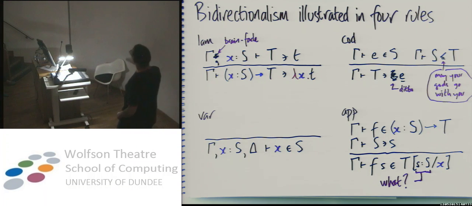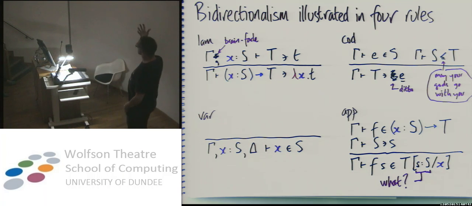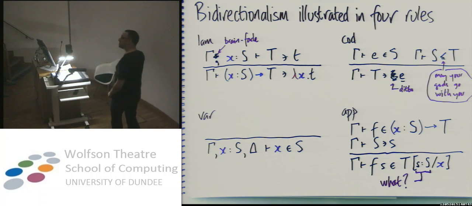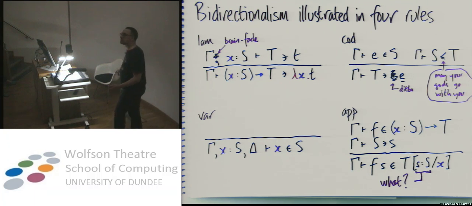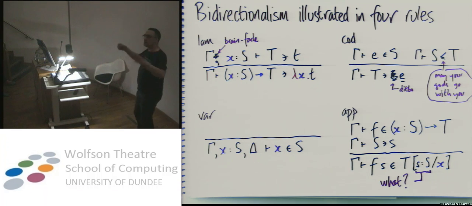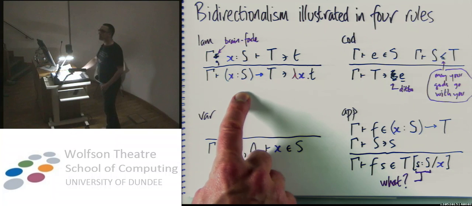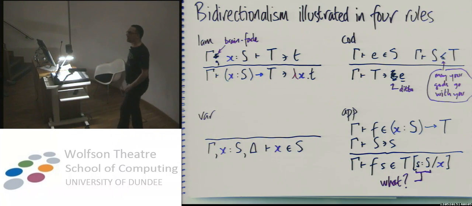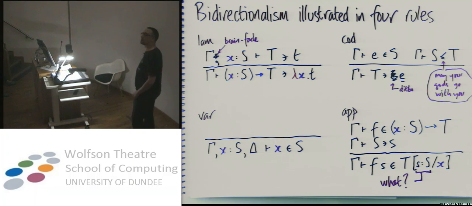So here's the kind of expectation we have in a bidirectional system, where the very judgment forms, and indeed the separation of syntactic categories that I would choose to make, is distinguishing between those things which have a type proposed up front and those things from which we can synthesize a type. So the typical situation is that if we have a type, we can see that as a menu for building canonical values of that type.